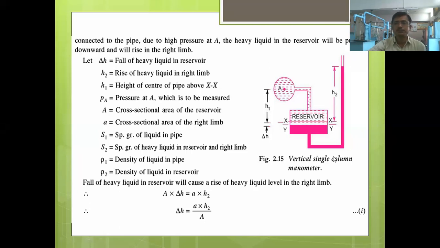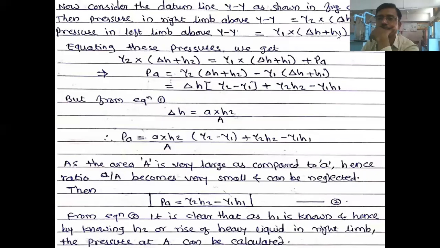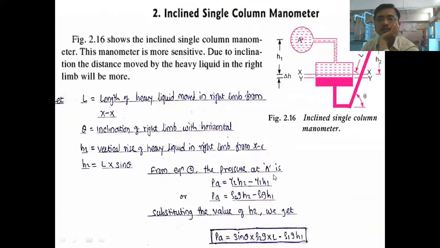Do it fast. Write down this equation for the vertical single column manometer: PA is equal to gamma 2 H2 minus gamma 1 H1. And then write down the title inclined single column manometer, the second type.